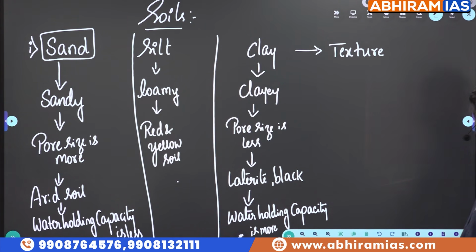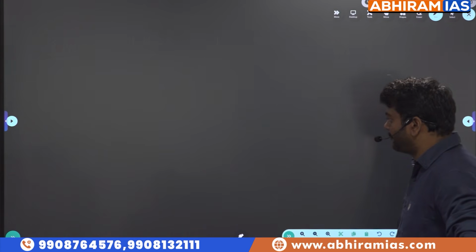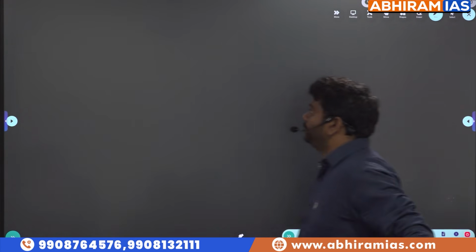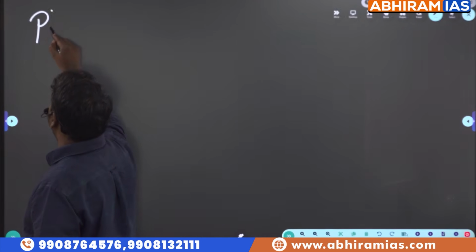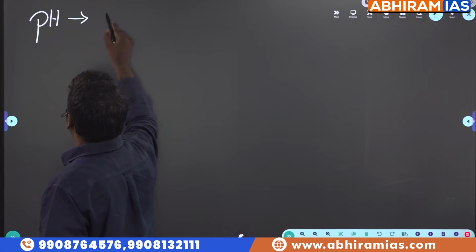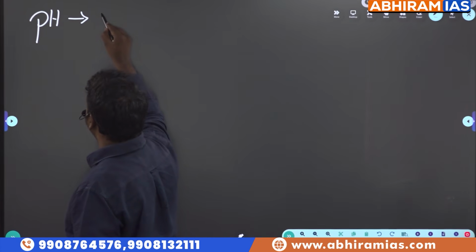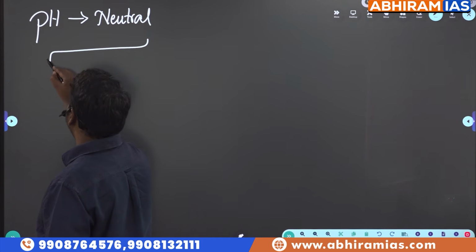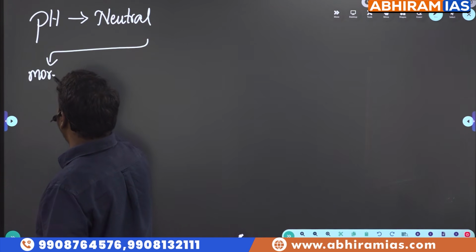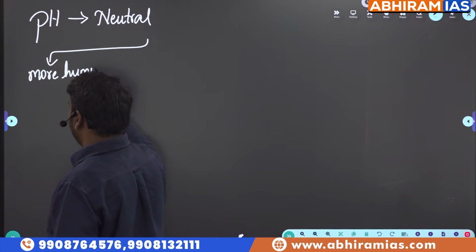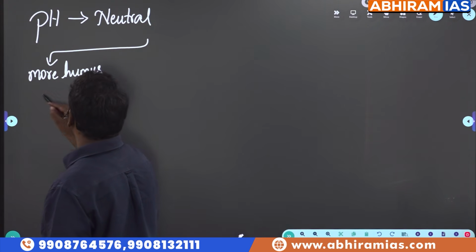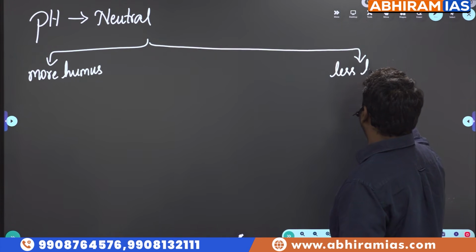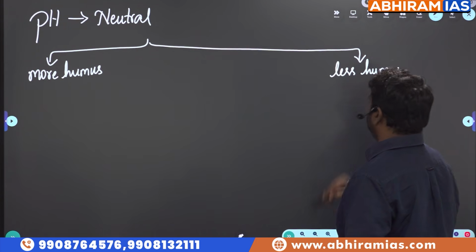Then, the pH value of the soil is always neutral, but wherever we add more humus content or more fertilizers, less humus.